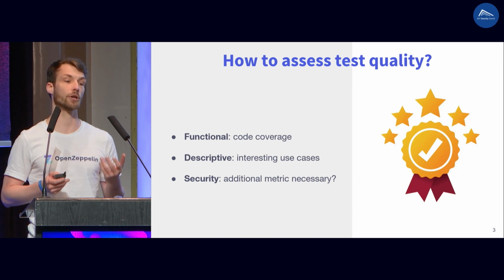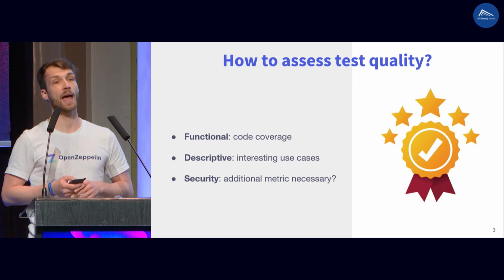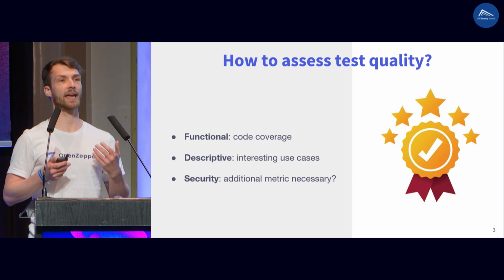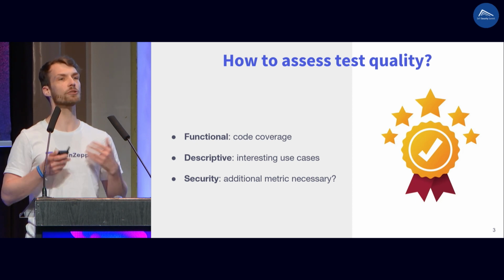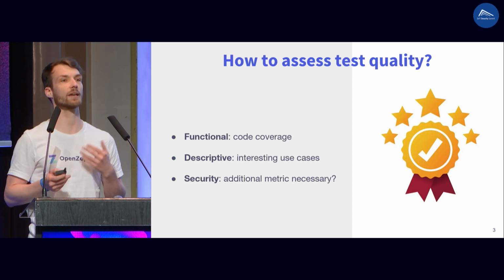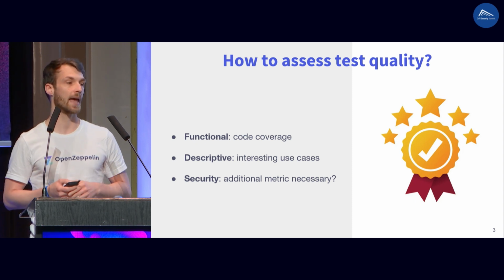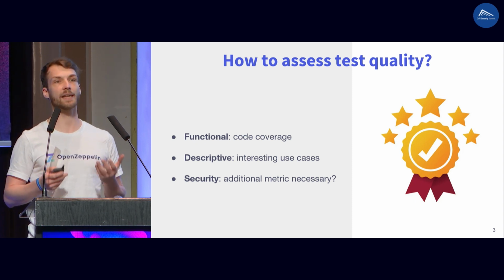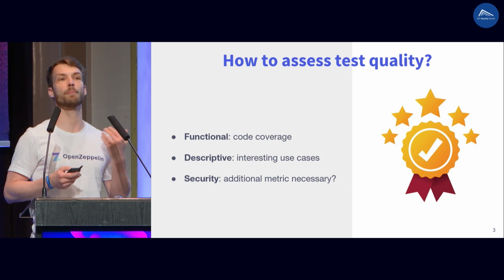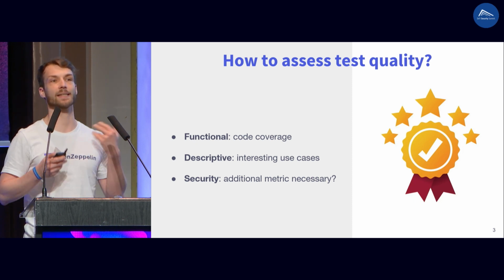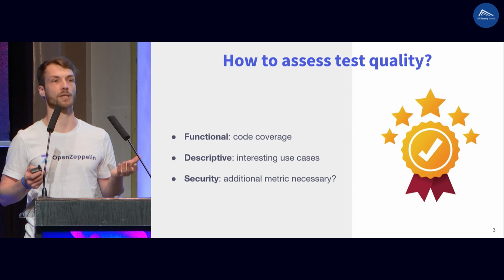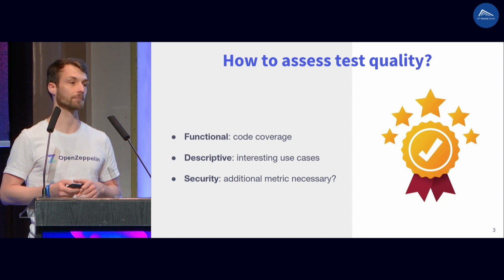So we're doing very good on this case. And then, again, descriptive means that you have interesting test cases. Not just very small unit tests, but some very interesting end-to-end test cases. And now, it's again the question, do we need an additional metric? Or are we just accidentally already done with security and have perfect security as well?